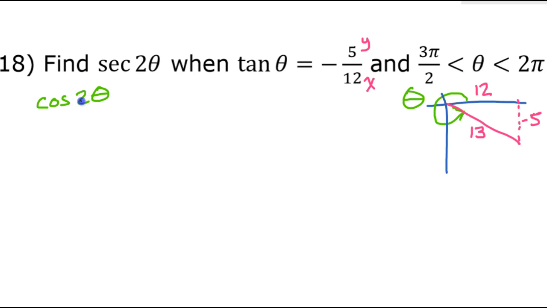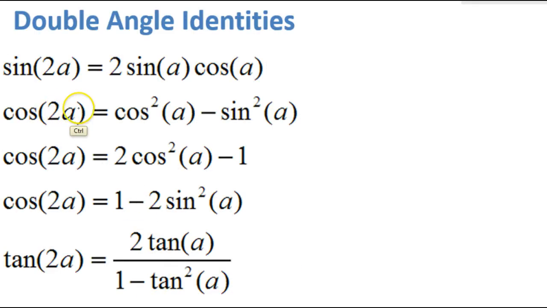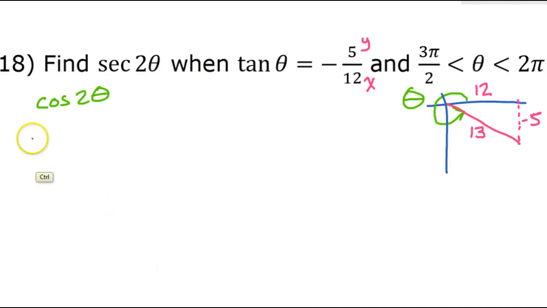Once I find this, I'll just turn it upside down and it'll be secant. There are actually 3 formulas for the cosine of 2 theta. I always just use the first one unless I need one of the other ones for some reason. So I'm going to do cosine squared minus sine squared like I always do. So this is cosine squared theta minus sine squared theta.